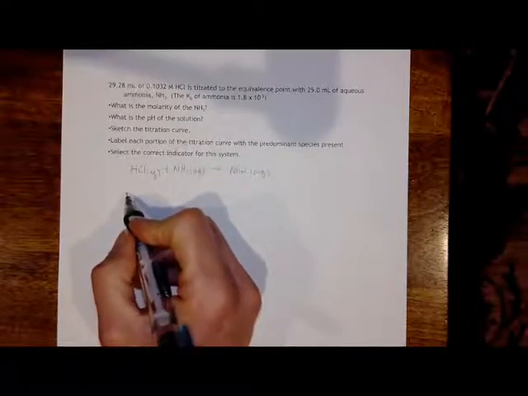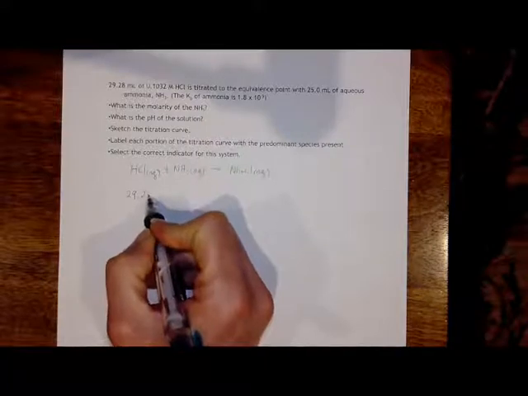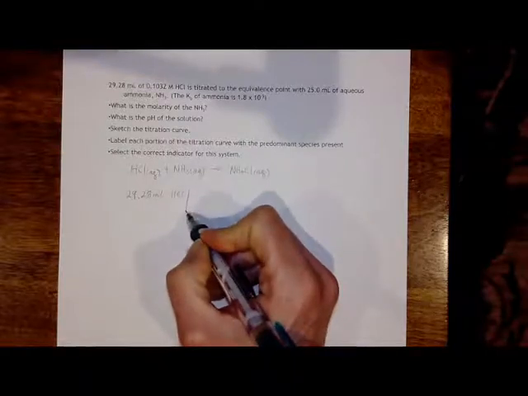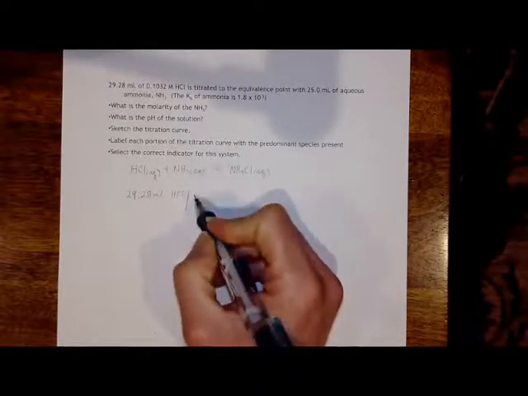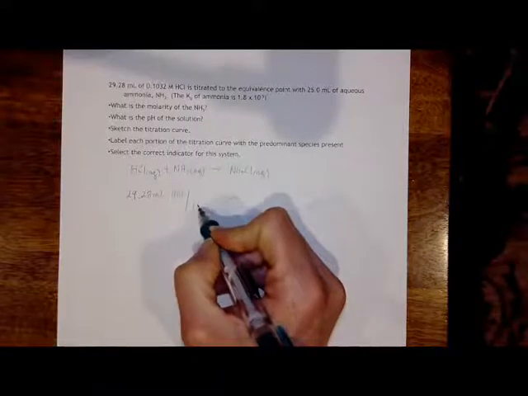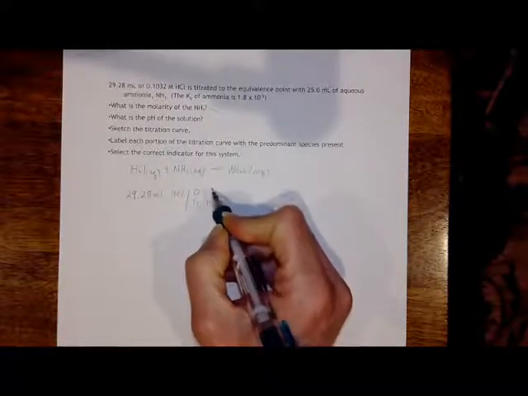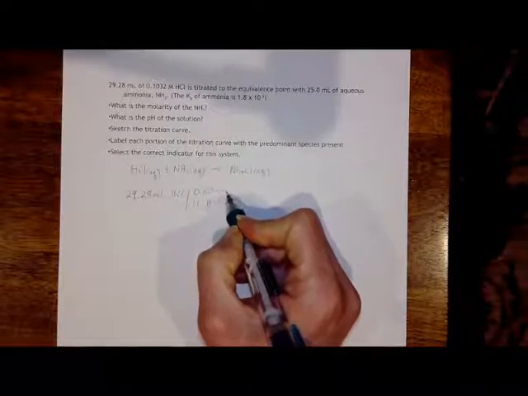So we can first start with the volume of the hydrochloric acid, which is 29.28 milliliters of hydrochloric acid. We know that for every 1 liter of hydrochloric acid, we have 0.10322 moles of hydrochloric acid.